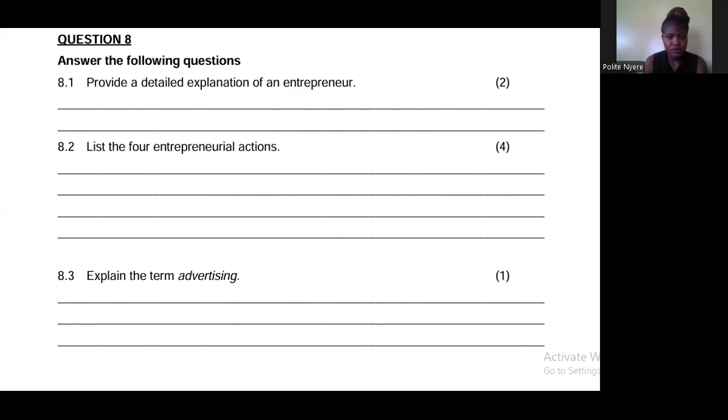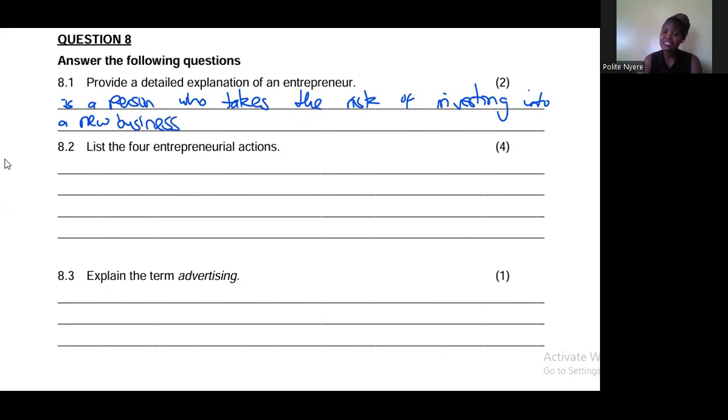So an entrepreneur is a person who takes the risk of starting a new business in order to make a profit.